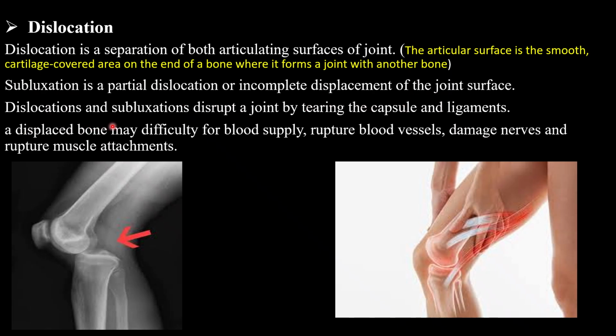Dislocation and subluxation disrupt a joint by tearing the capsule and ligaments. A displaced bone may disturb the bone's blood supply, rupture blood vessels, damage nerves, and rupture the muscle attachments.